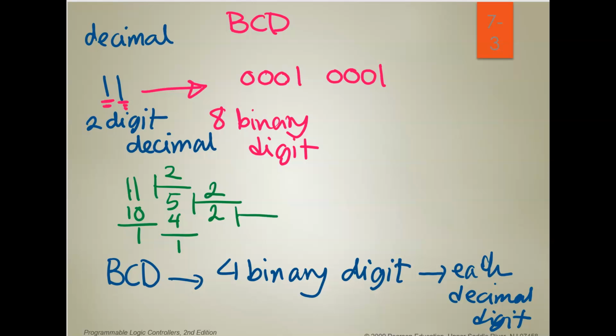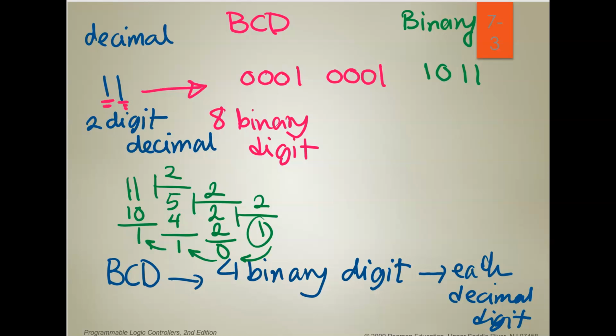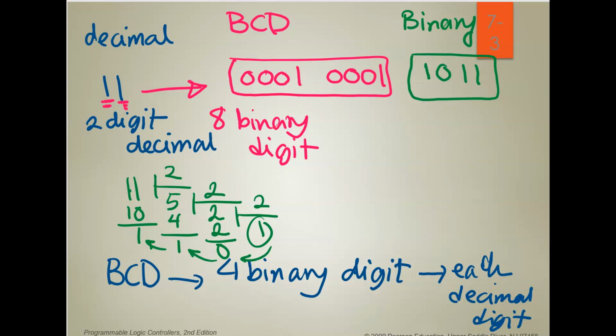And then divided by 2, I'm going to have 1 and 2 here and a remainder of 0. So my binary equivalent is 1, 0, 1, 1. So this is the binary equivalent for 11. What I have here is the binary coded decimal equivalent of 11, and this is my 11 in decimal number.